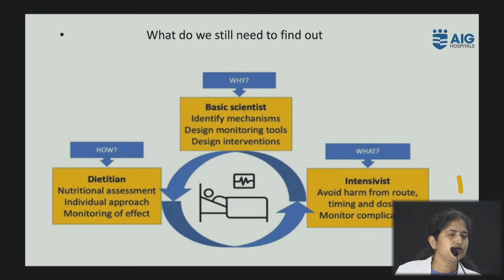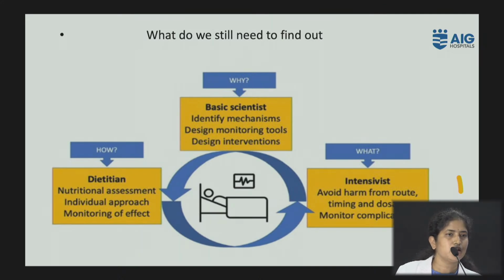The dietitian, we usually involve whenever we assess the patients and find out that they're at risk. Then the dietitian comes up with a plan, the assessment is done by the dietitian too, in addition to the anesthetist, and an individual approach is planned, and they also monitor the effect of overfeeding and underfeeding for these kinds of patients.